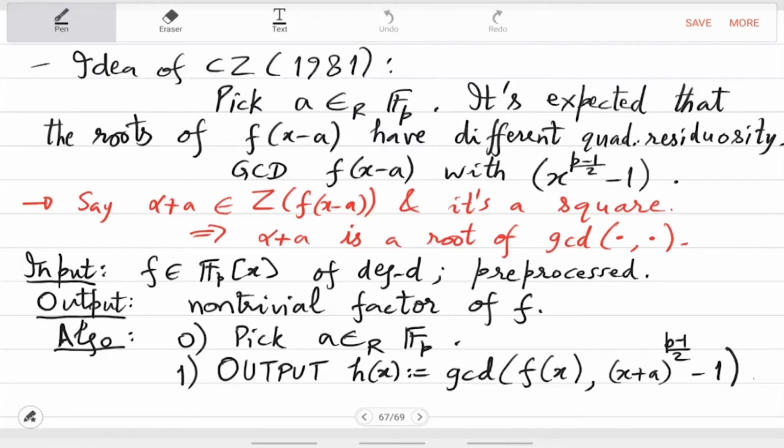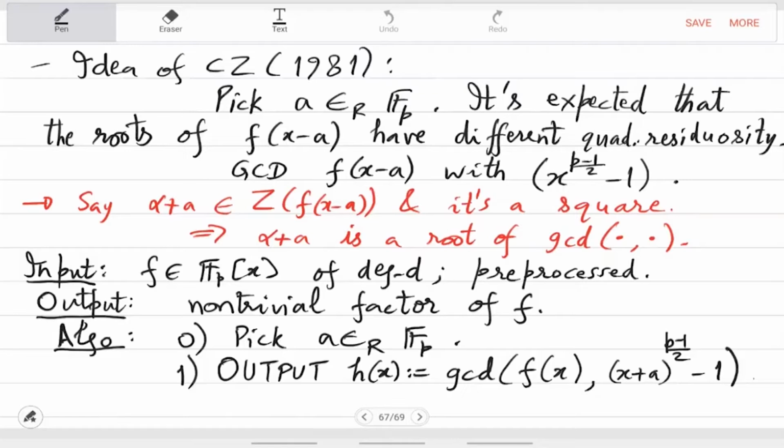find a root. So Cantor-Zassenhaus algorithm, the CZ algorithm, is you pick a random A and then just compute this GCD: the GCD of F with (x shifted by A) to the (p minus 1)/2, minus 1. So shift this by A and then compute the GCD.